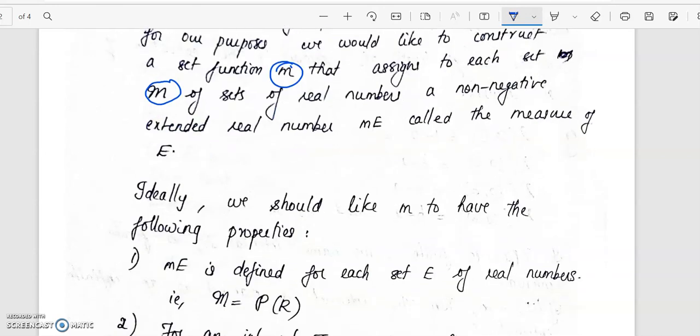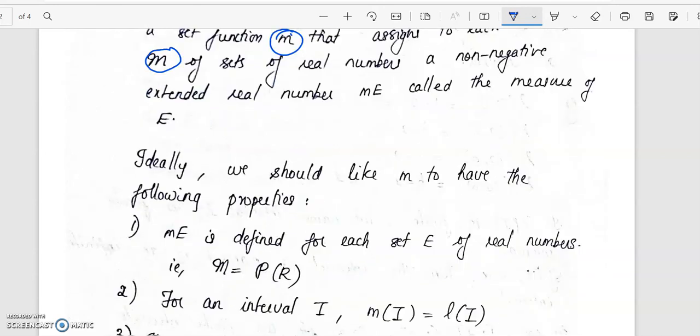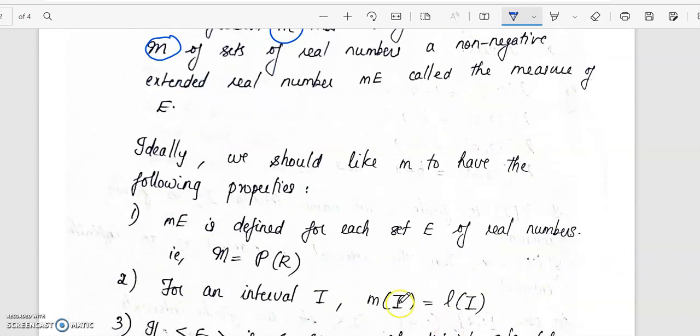So ideally we would like a measure to have the following properties. First, whichever set I take, the measure must be defined for it. So m of E, the measure of E, is defined for each set E of real numbers. It must be defined for any subset E of real numbers.